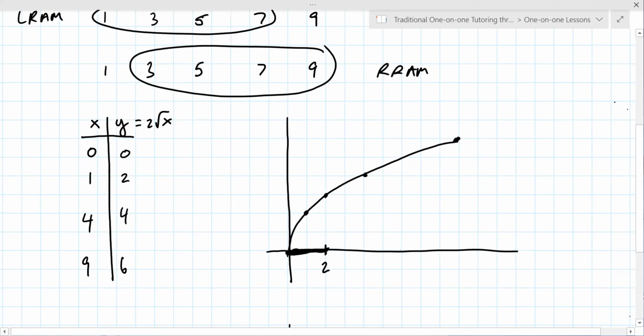Then you go up and hit the curve at the next point, and you draw your rectangle to the right. So LRAM is the one that's under the curve? Not always. In this case it is. We could do one like 1 over x where it wouldn't be. Okay, I see.